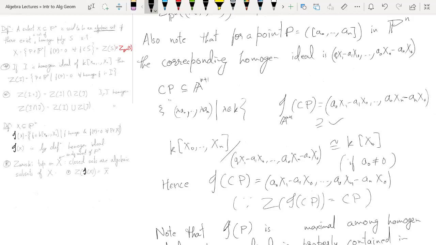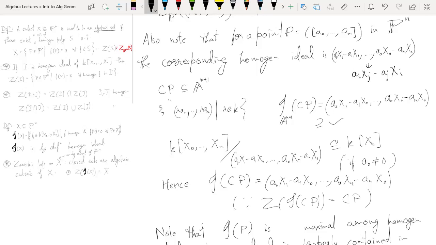So the first observation is this. It seems to give an impression that the 0th coordinate is somewhat special, but note that this ideal generated by these contains ai xj minus aj xi. Yeah, you just subtract the ith term from the jth term in this list, then you'll get this expression.